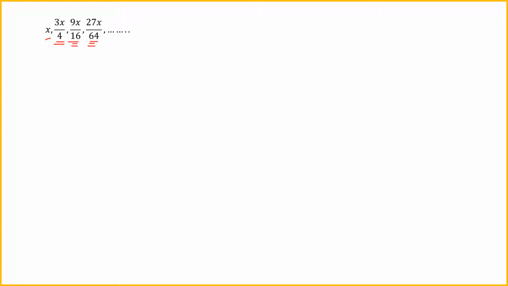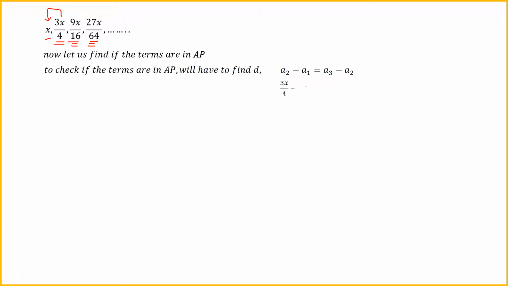27x/64, and so on. To check if it is an arithmetic progression, let us take the second term and subtract the first term. That is 3x/4 minus x, which gives us negative x/4. Now we check a3 minus a2, that is 9x/16 minus 3x/4.